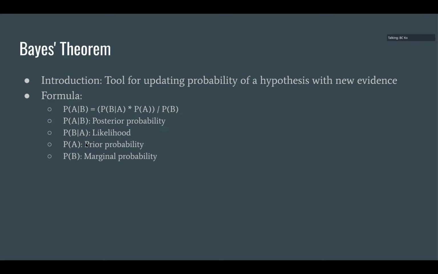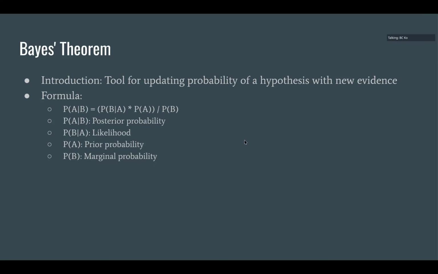And probability of A is the prior probability or the initial probability of event A. And probability of B is the marginal probability or the total probability of event B occurring. So Bayes' theorem helps us revise our initial assumptions, which is a prior probability, in light of new evidence, likelihood, to obtain a more accurate understanding, which is a posterior probability.